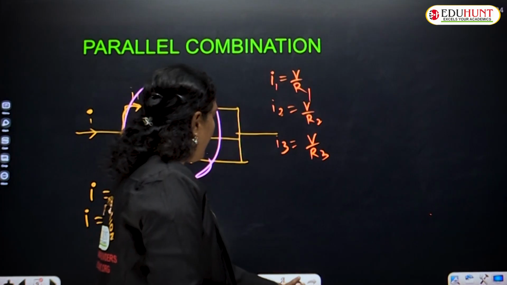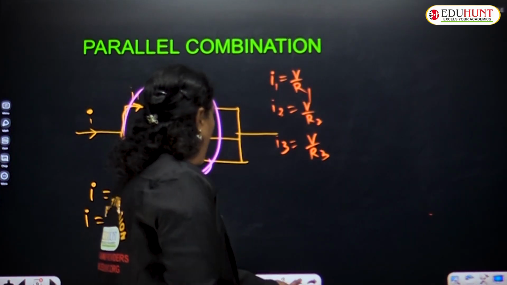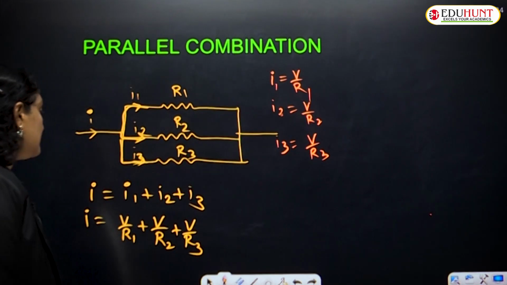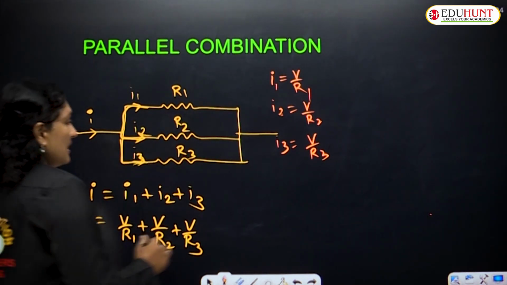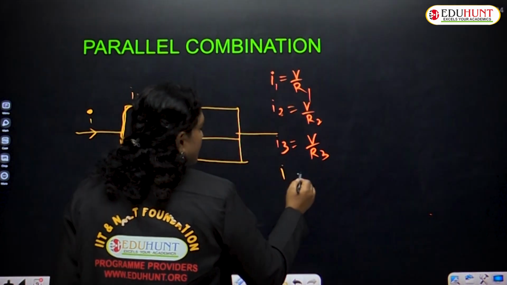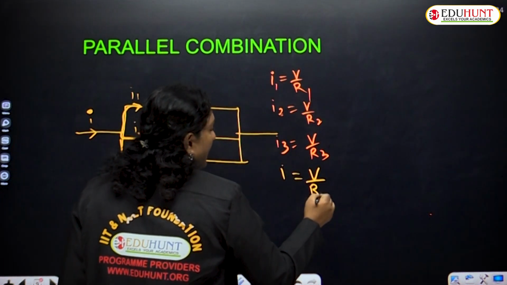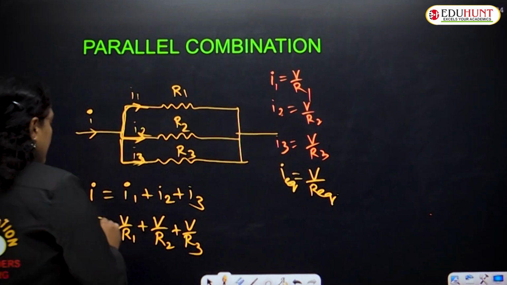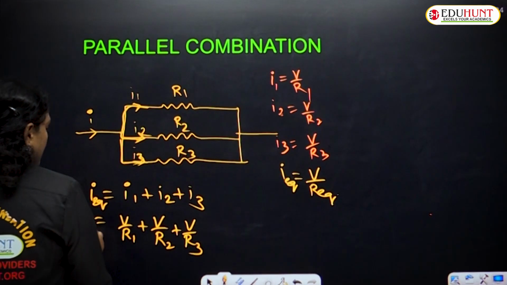The combined value of the resistors can be given as R equivalent. In that case, the value of I can be written as I equals V by R equivalent. This is nothing but I equivalent.